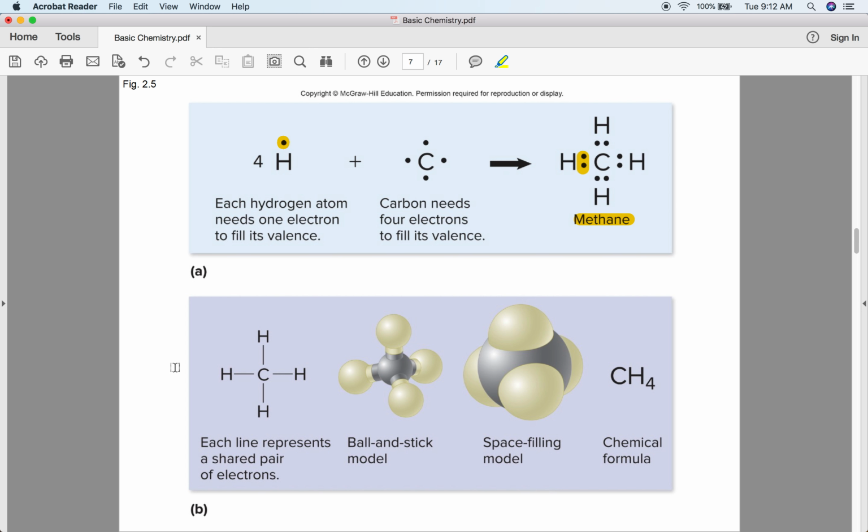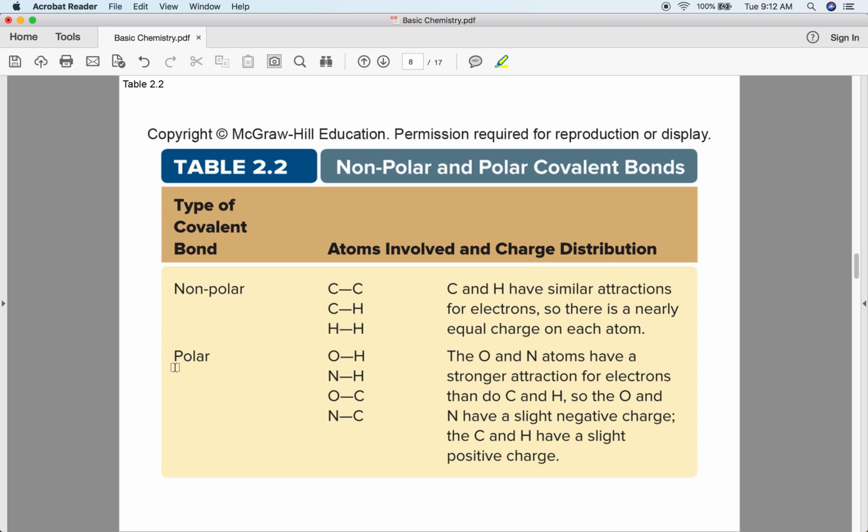Down below is simply an illustration of different ways to represent the same molecule. Now, I talked about electronegativity, this difference in charge between atoms entering a bond. Well, this occurs in covalent bonds also. We form 2 different types of covalent bonds: nonpolar covalent bonds and polar covalent bonds.